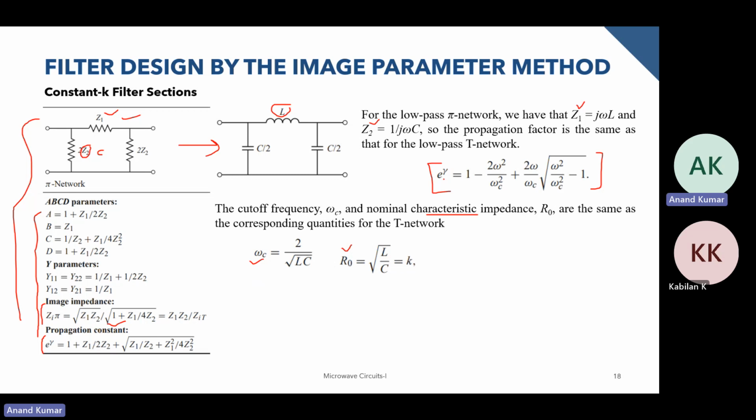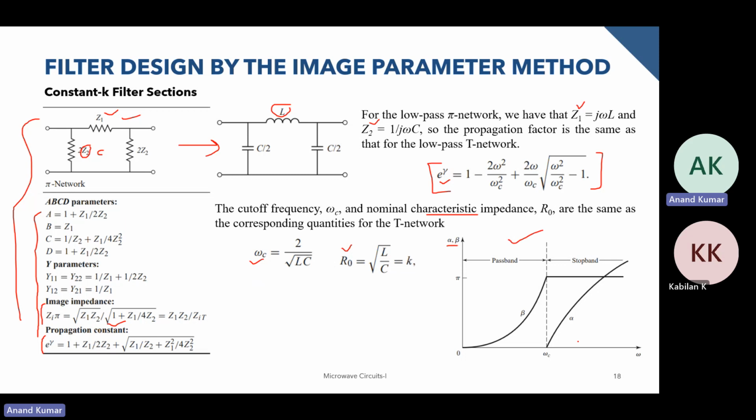So we use them and we write this propagation factor, and by using this propagation factor, we again plot the attenuation constant and phase constant, and we achieve the same graph over here. Since this particular propagation factor looks the same, we have the same expression, so we get the same plot.